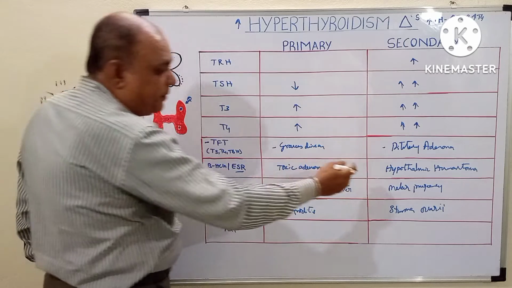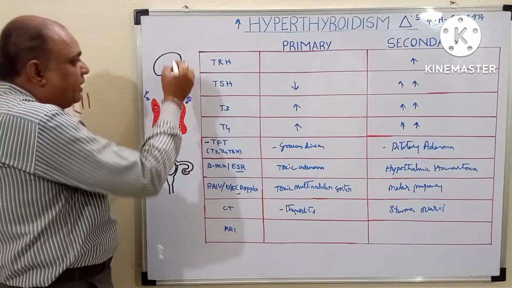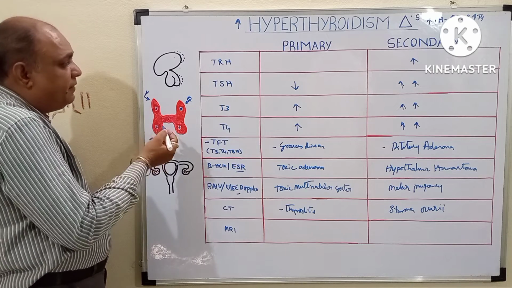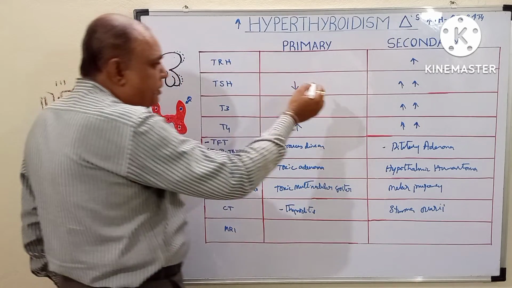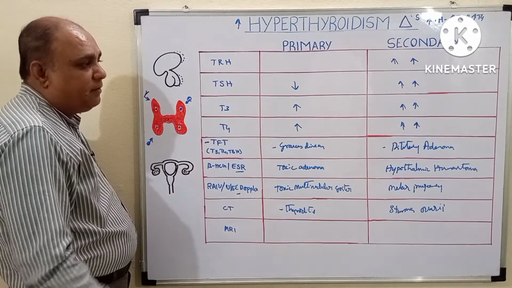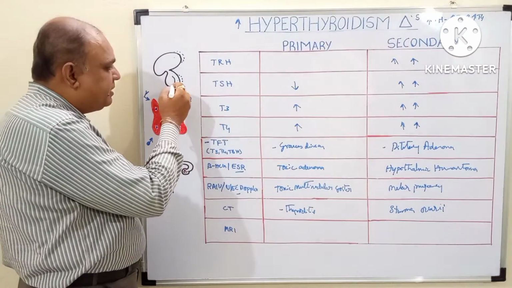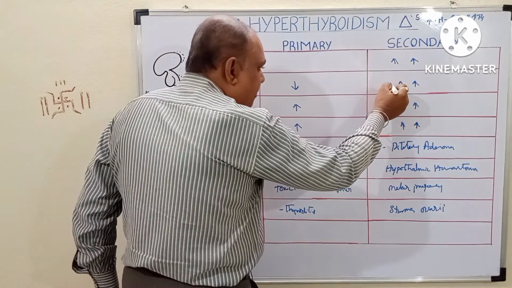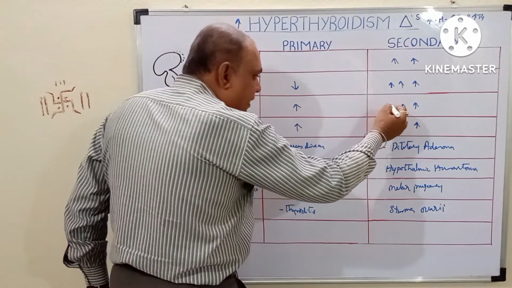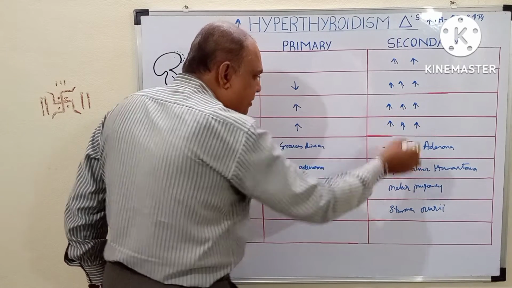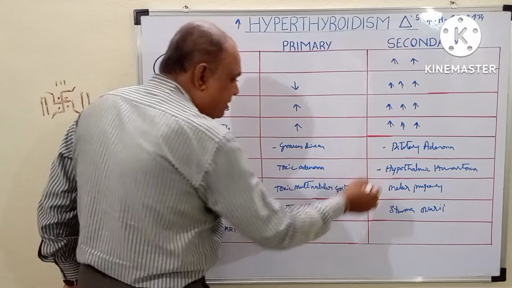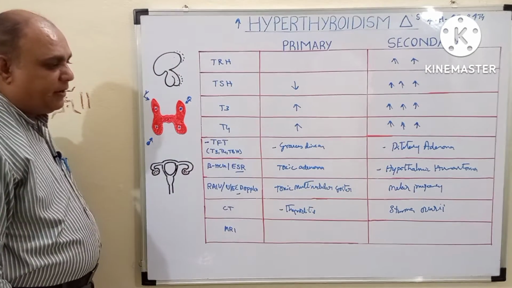Now in hypothalamic hamartoma, there is a tumor of the hypothalamus, where it increases the secretion of thyrotropin hormone. When the thyrotropin hormone secretion increases, then thyroid stimulating hormone secretion will also increase. That in turn T3 and T4 secretion will also increase. So that can be the cause for secondary hyperthyroidism.